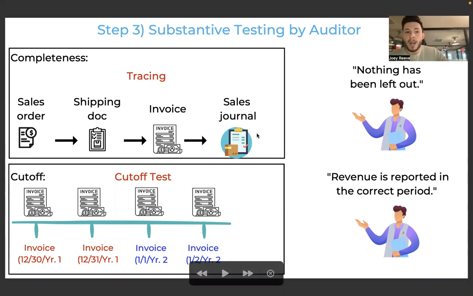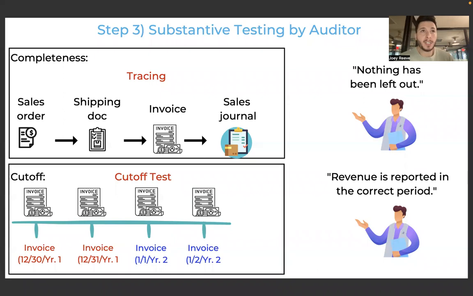So this is really where understanding the documentation is going to come into play, okay? Because when you think about the completeness assertion, the first test that should come to mind is going to be tracing. It's not every single time that tracing is going to be the appropriate test, but for many transaction level assertions, tracing is going to be the appropriate test for completeness, or at least the primary test for completeness. So this is where we need to zero our focus in on the different documentation that has been created.